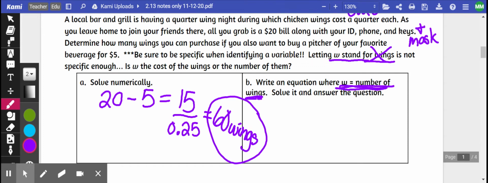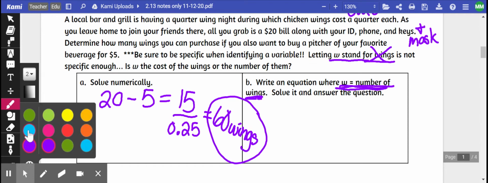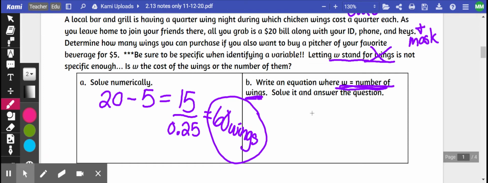All right, now the next thing we're going to do is rewrite this setup algebraically. When I think of the fact that we've got 25 cents per wing, that's going to be 0.25 times W, because we have 0.25 per wing.